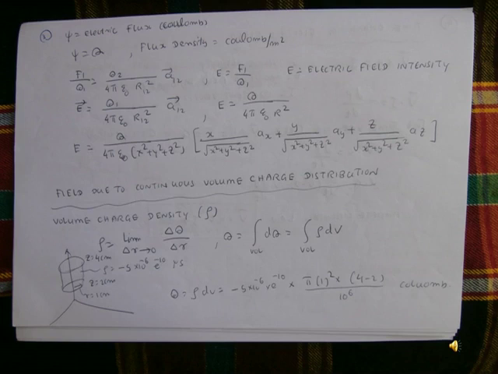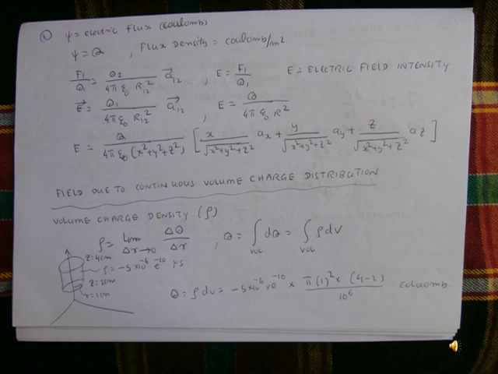F1 by Q1, where F1 is the force and Q1 is the charge, and Q2 divided by 4 pi E0 R12 square A vector 12. Now look at the electric field intensity, F1 by Q1, which gives Q1 divided by 4 pi E0 R12 square multiplied with A vector 12, and in general E equals Q divided by 4 pi E0 R square.